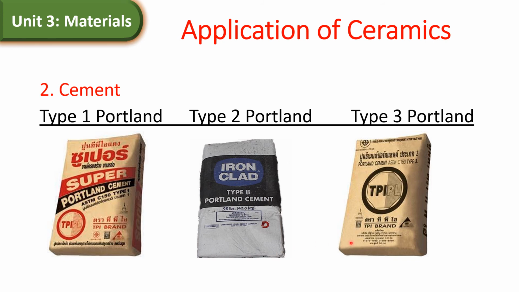And your type 3, which is also known as your high early strength Portland cement, is very good in cold weather conditions. So basically, you can use it in your foundation piles because it has very good strength even in cold or hot weather conditions, and it also dries quickly compared to your type 1 and type 2.